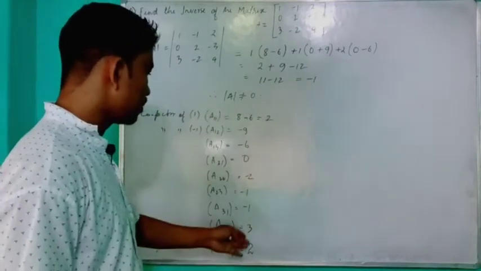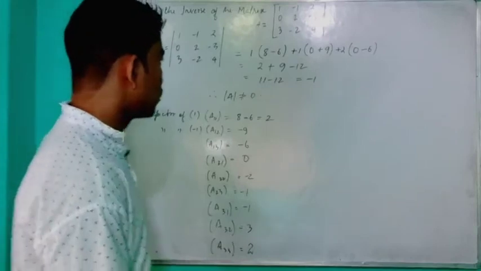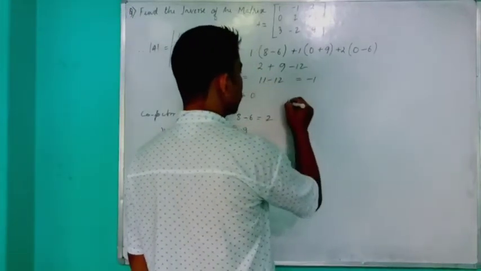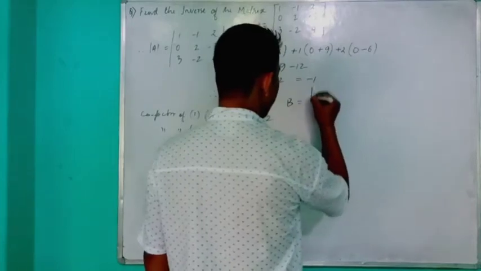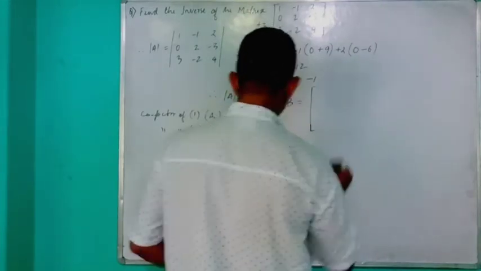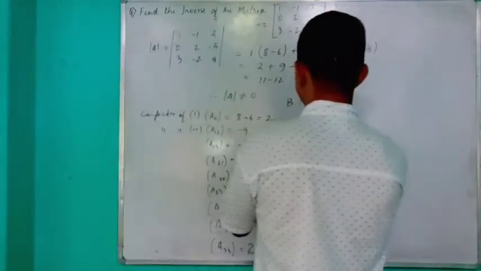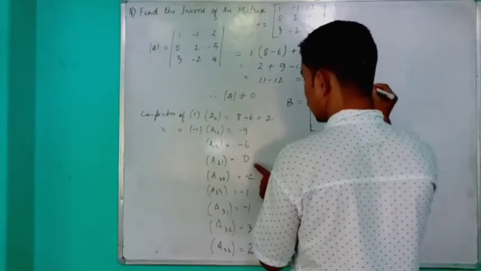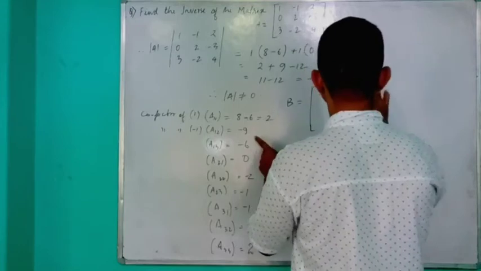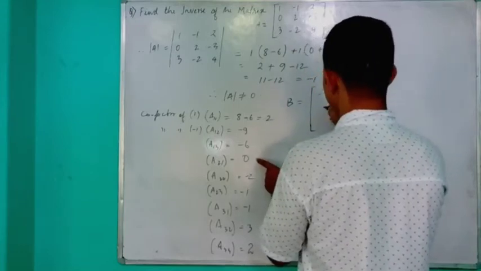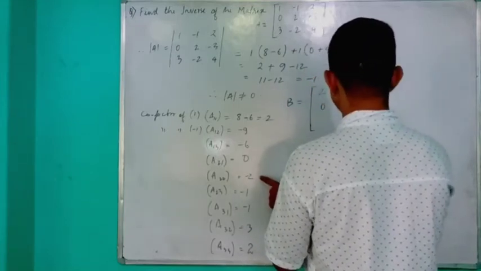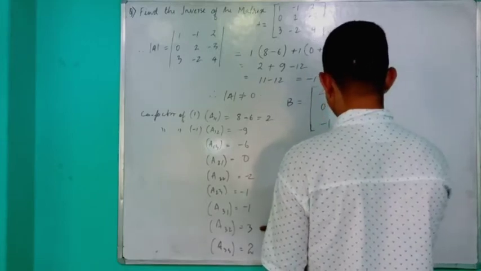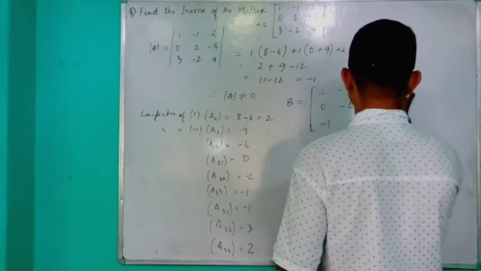From these cofactors, I will form the matrix B. So I will write this one as 2, minus 9, then 0, 2, minus, no, not 0, sorry, it's minus 6, 0, then minus 2, then I have minus 1, then I have minus 1, then I have 3, and then the 2.